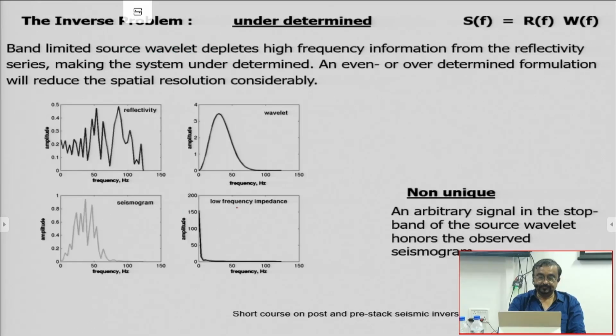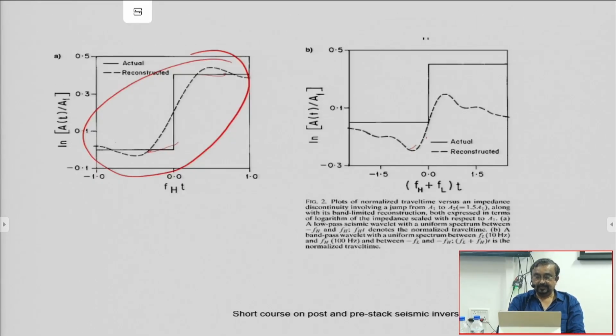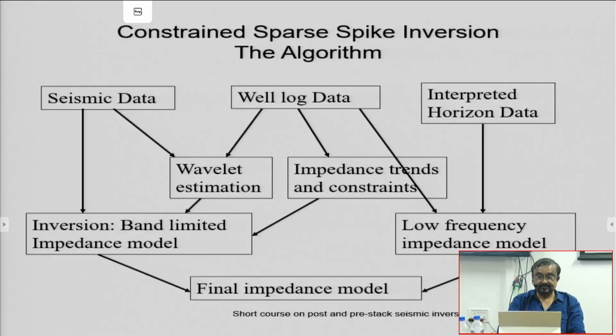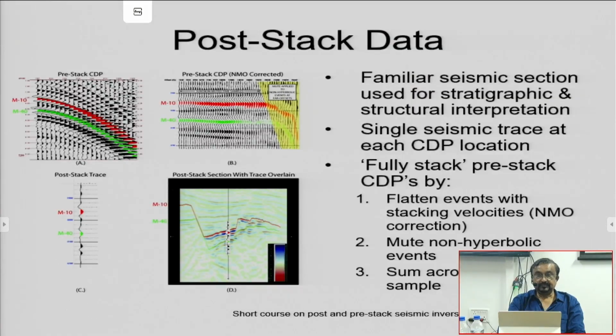Okay, so everybody is clear on this? Now, I just discussed this, I hope you remember. What did we do for pre-stack inversion? And for post-stack inversion, what did we do? What are the steps?